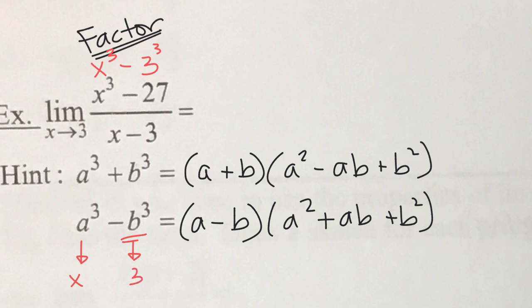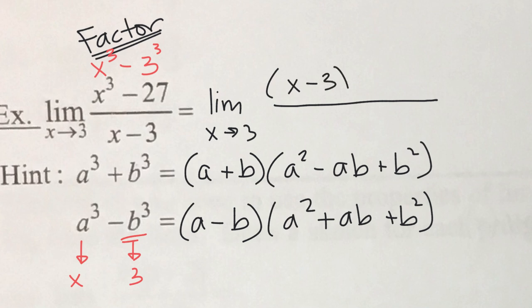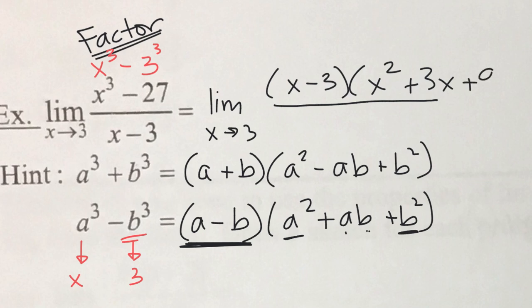We're applying this cubic factoring formula. So x minus 3 is the first part of your cubic factorization. And then we have x squared plus x times 3, which is 3x, and then 3 squared is 9. Okay, so that's the factorization of x cubed minus 27.